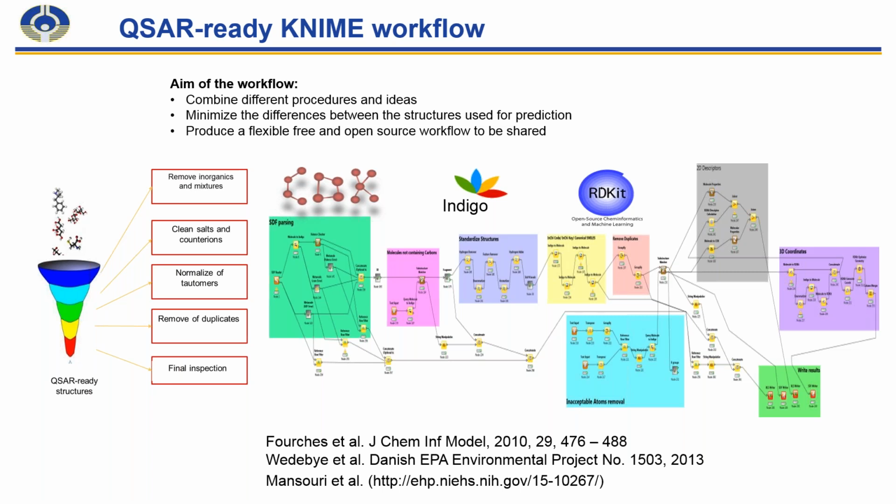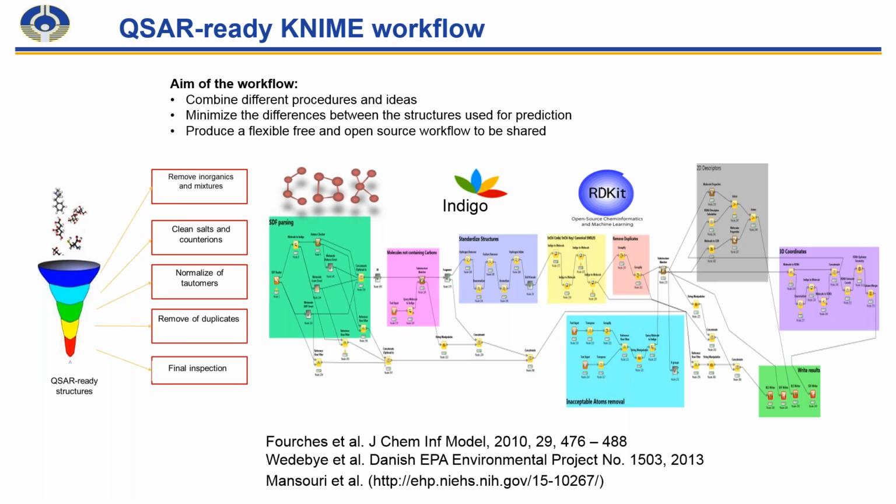And so you can see a sort of a snapshot of that here that is really designed to standardize those structures and minimize the differences between the structures used for predictions and create a very clean data set that ensures that all of the modeling groups are using the same structures for both training and testing their models.